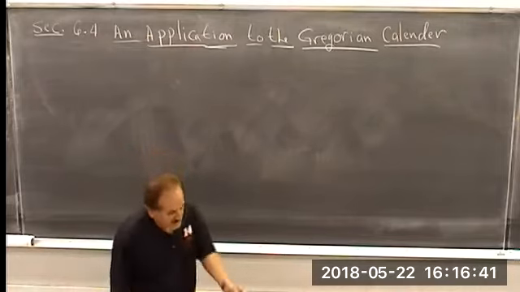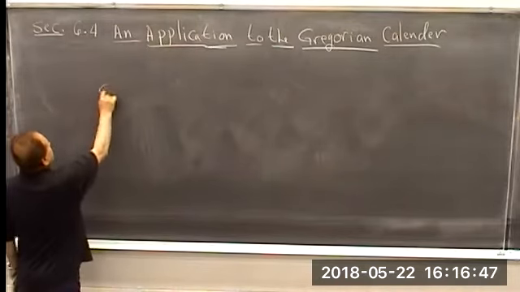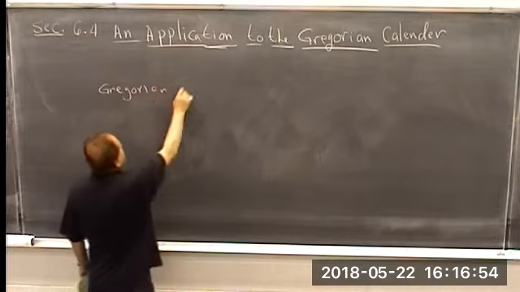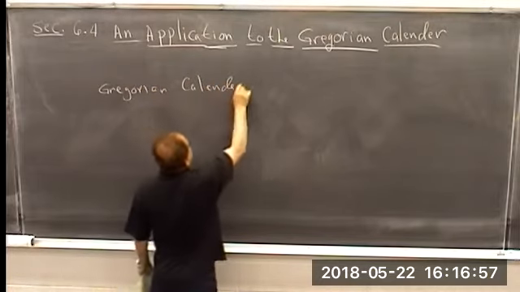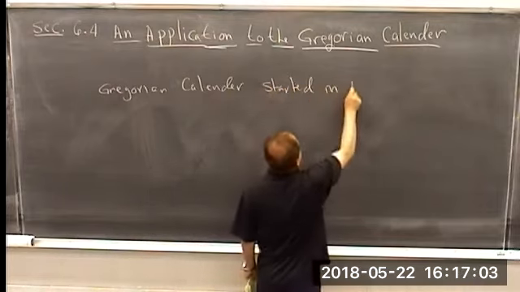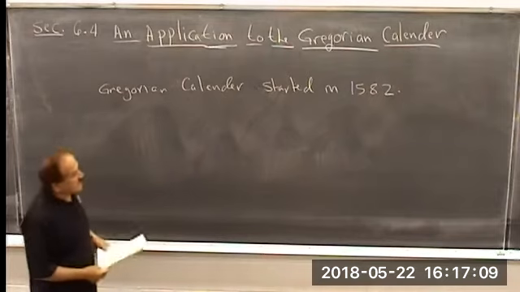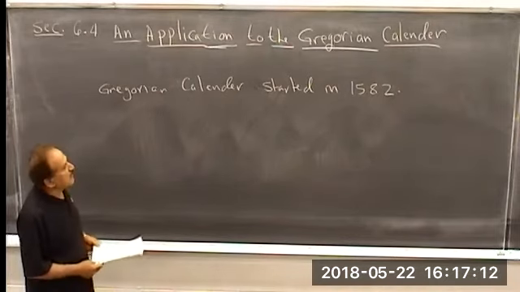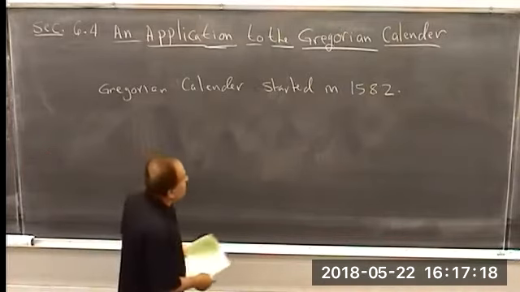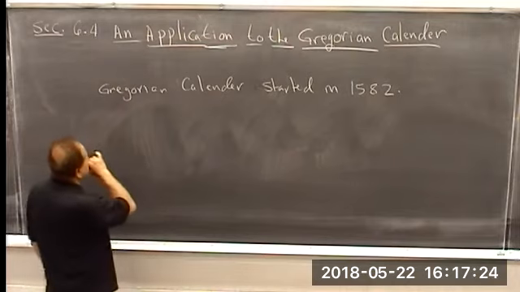It started in 1582. Before that, they found some trouble with the previous Julian calendar.